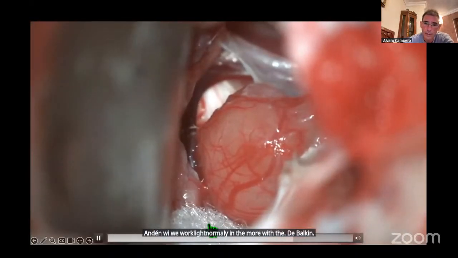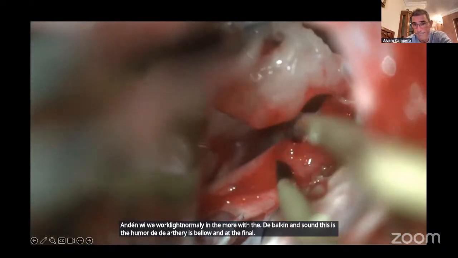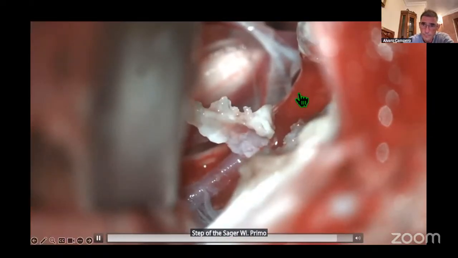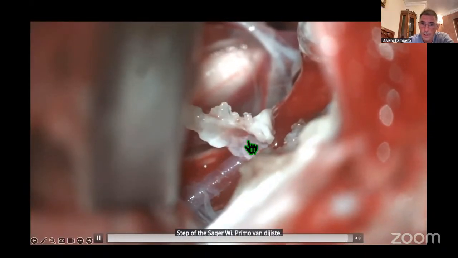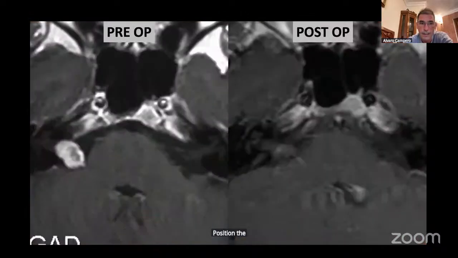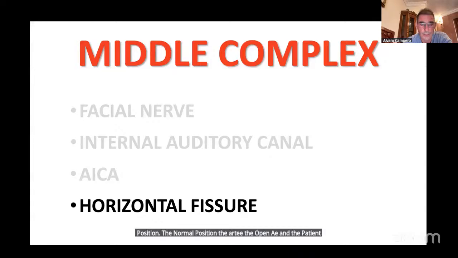This is the tumor, the artery is below, and at the final step of the surgery, we remove the tumor, and this is the 7th and 8th cranial nerve, and then we put the artery again in the normal position. And we can see the pre and post-op MRI and the patient after the surgery.